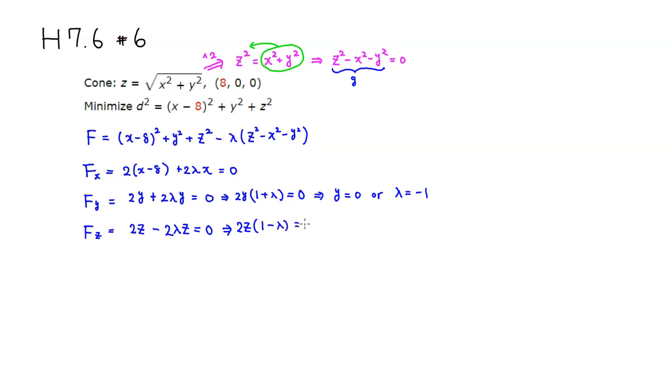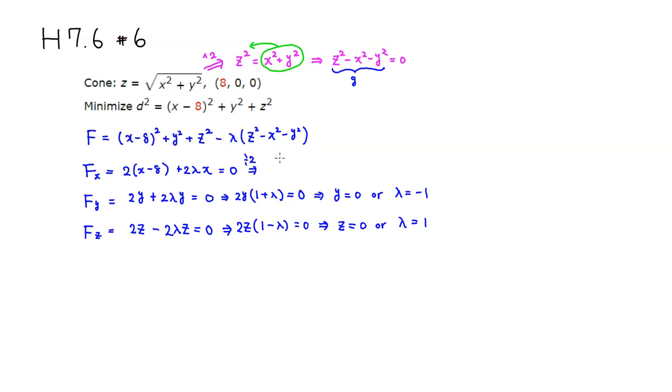So this is going to be either z equals 0 or lambda equals 1. For the first equation, maybe first I'm going to divide through by 2.